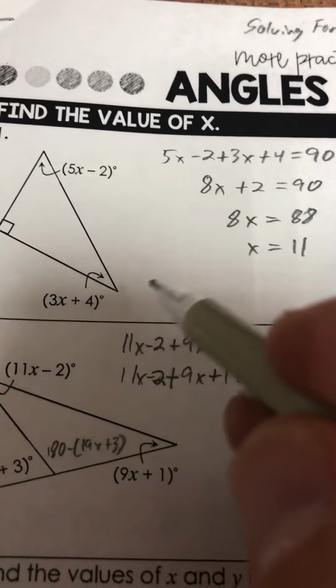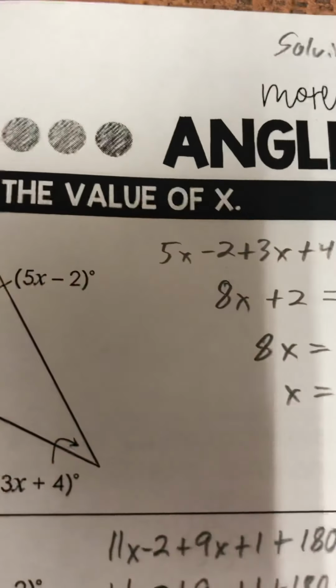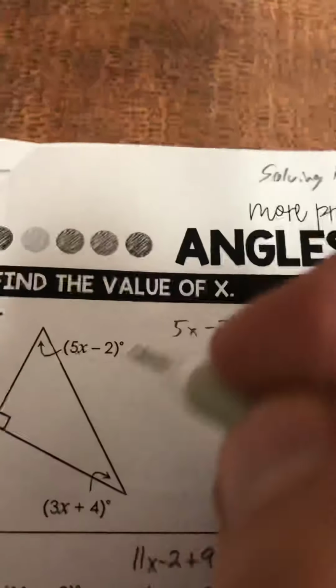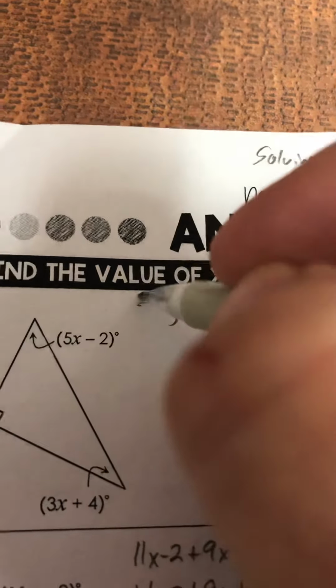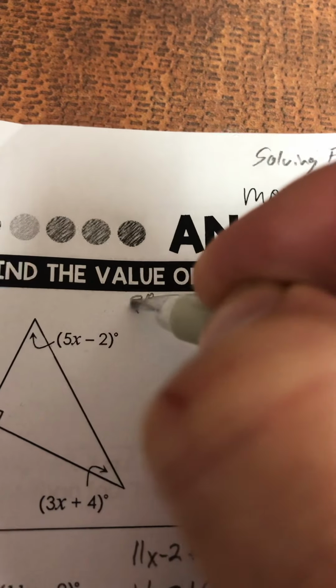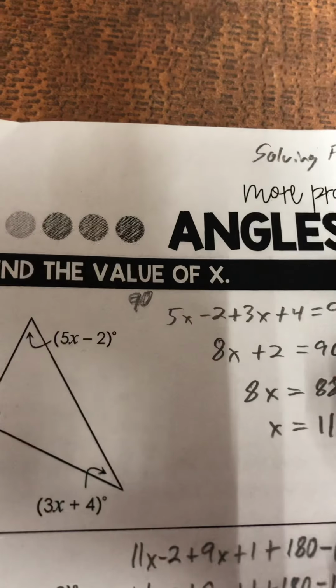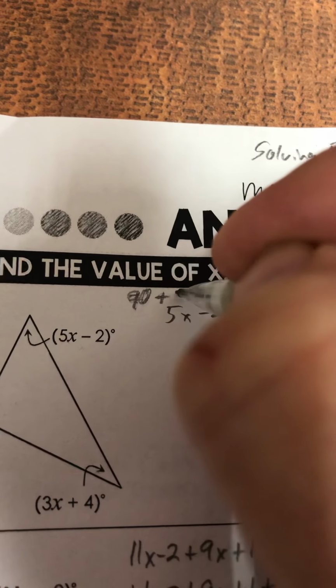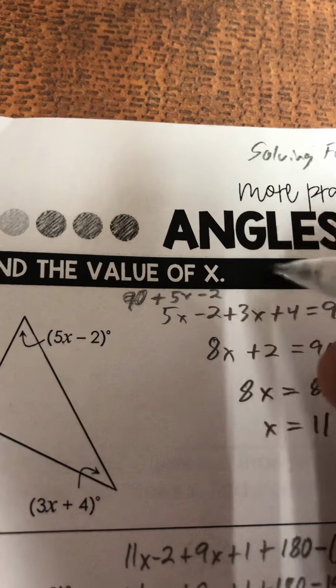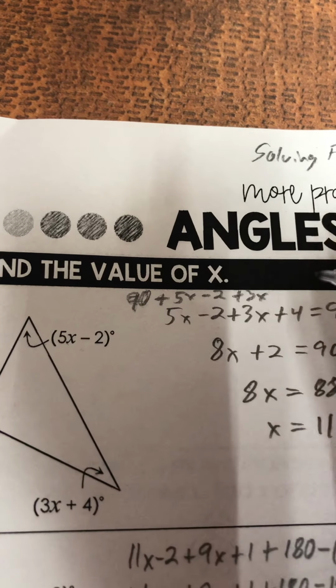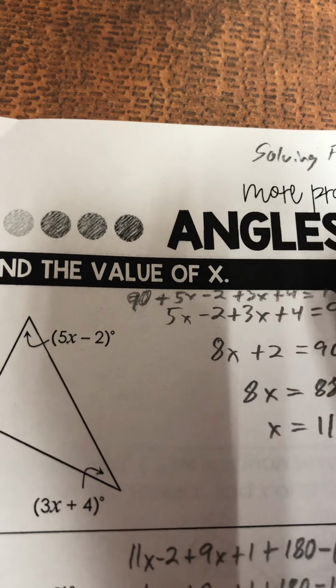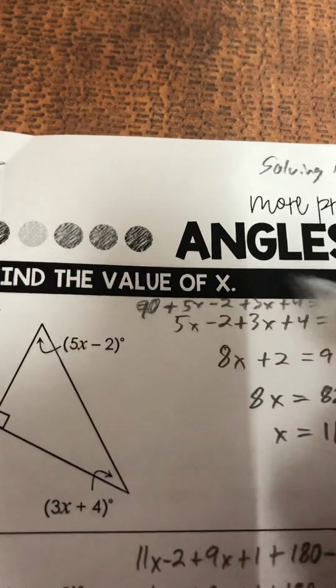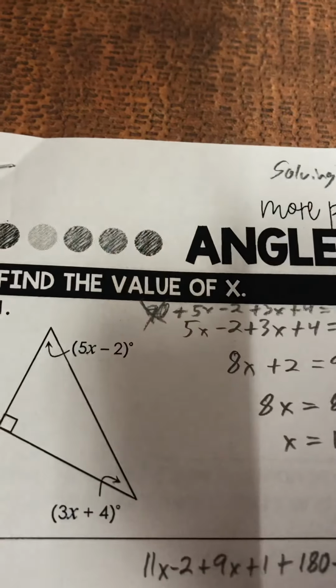Well, if I started with 90 plus the 5x minus 2 plus 3x plus 4 equaling 180, and I subtracted 90 from both sides, guess what I'd get?